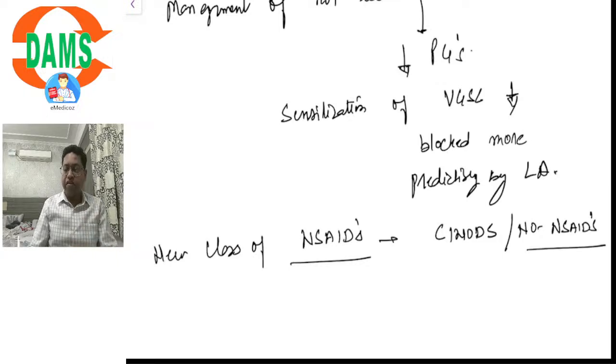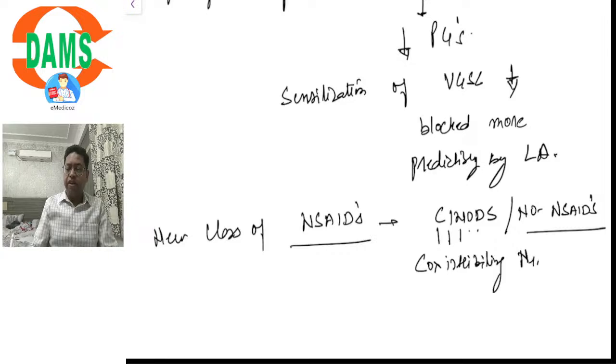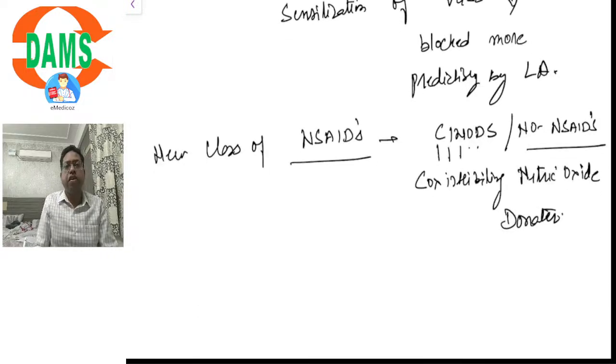CINOD stands for COX inhibiting nitric oxide donator. This is a new class of non-steroidal anti-inflammatory drugs, means they release nitric oxide.